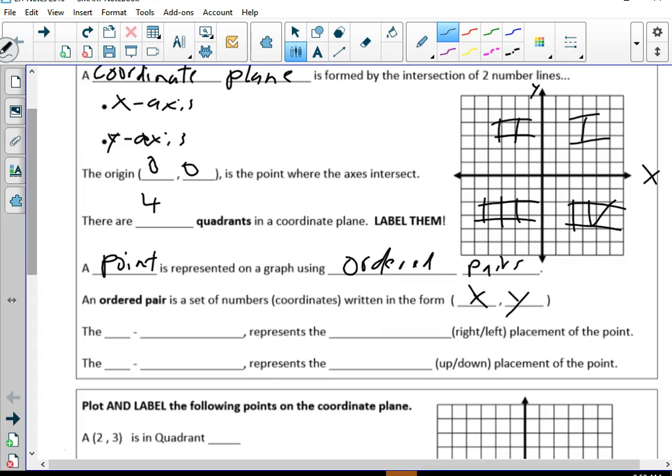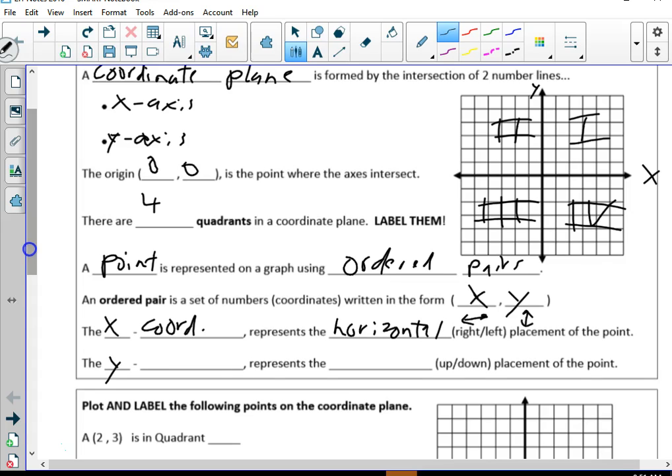So in other words, we always move left and right before we move up and down. The x-coordinate represents the horizontal axis, which we've already talked about. And again, it shows you right and left.